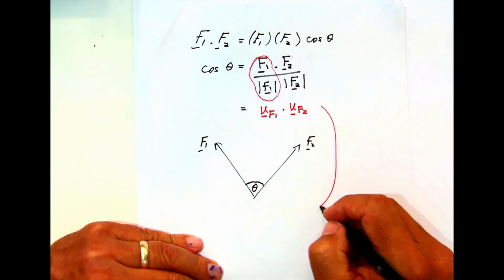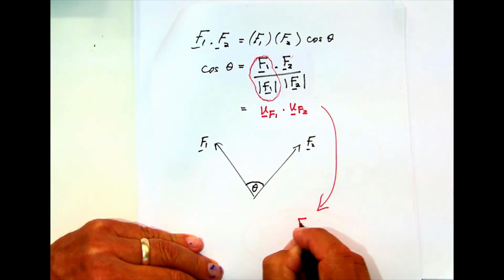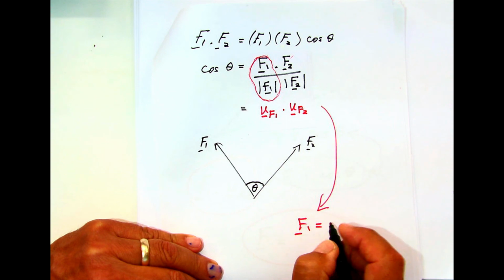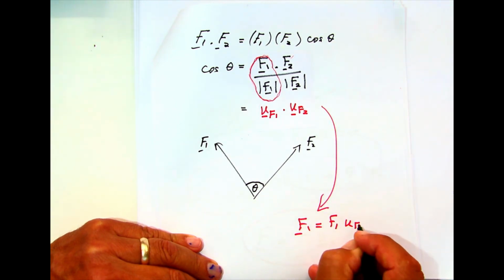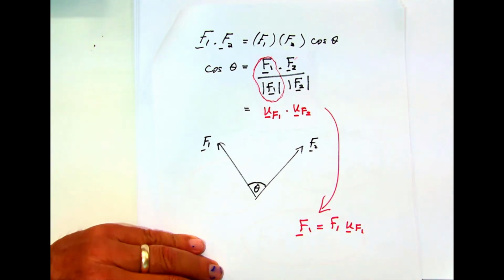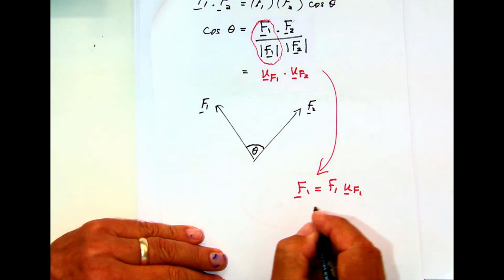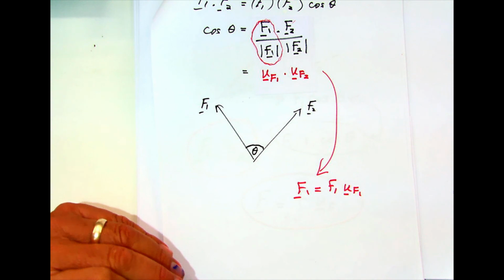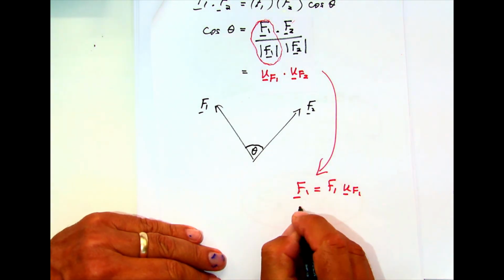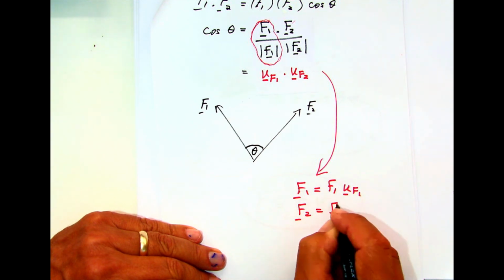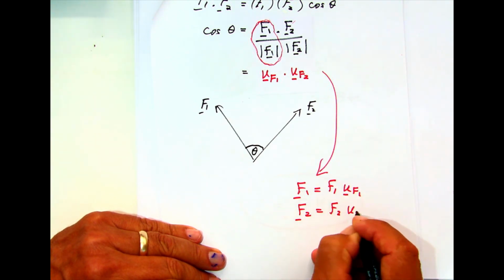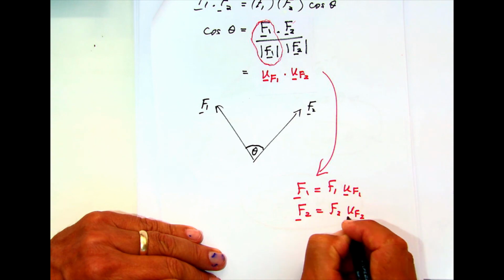Because you have this equation that a force F1 is the magnitude of the force times the unit vector in the direction of the force. That unit vector is in the same direction as the force. And the force F2 is its magnitude times the unit vector in the direction of the force.